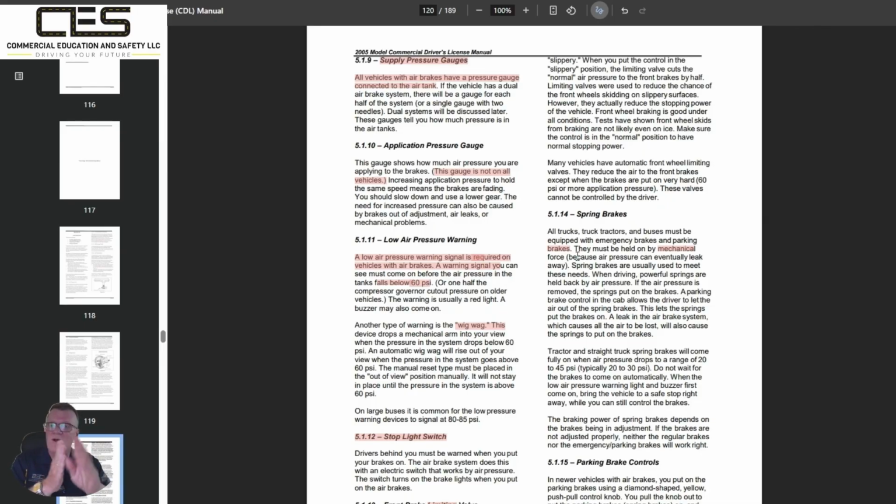If you don't have air, you don't have regular service brakes. So it's a backup system. If the air leaks away, that mechanical spring will engage the push rod and stop the vehicle. Use it for parking, use it for emergency brakes. It's the same system. It's not three different systems. It's just what they're doing at the time that determines what you call it.